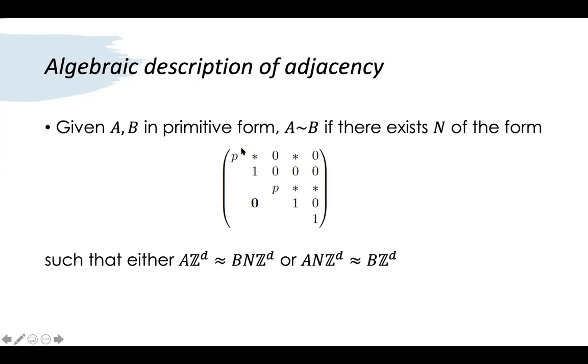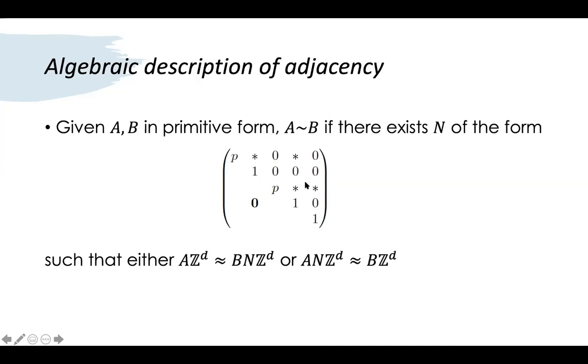So here I have P, 1, P, 1, 1. You can see that here there's a 1 in the second column, so the 2, 3 entry of the matrix must be a 0, because on the left side of this entry there's a 1. And for an entry of this kind of matrix to be non-zero, it must have a P on the left and a 1 on the bottom.